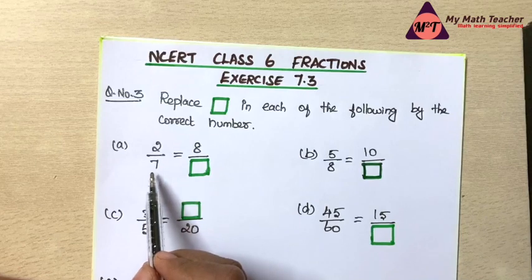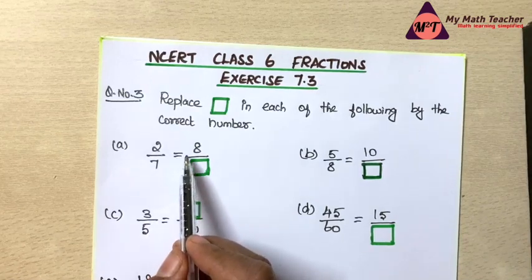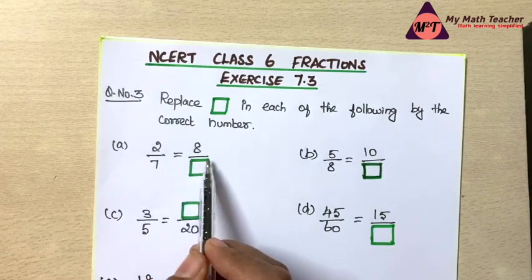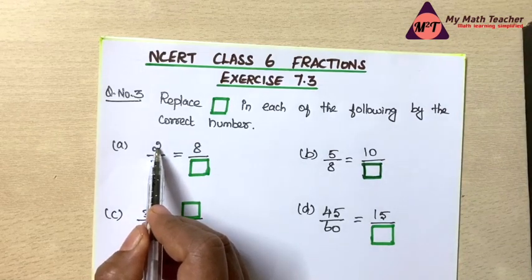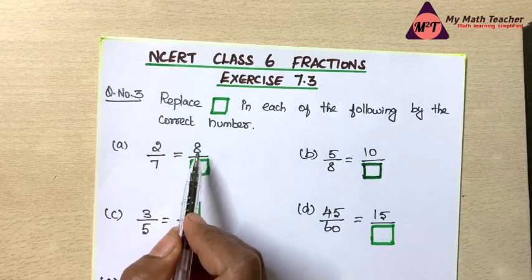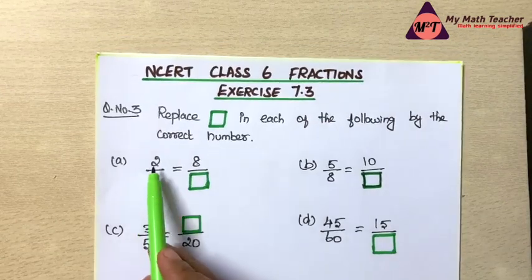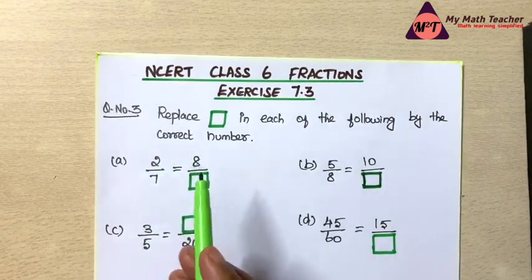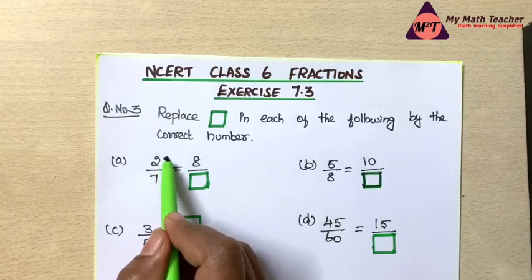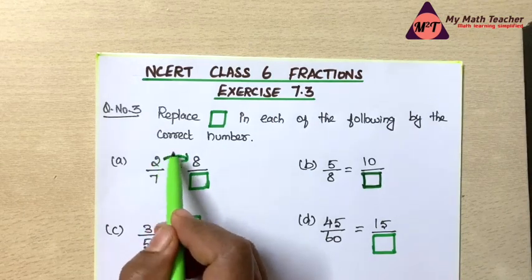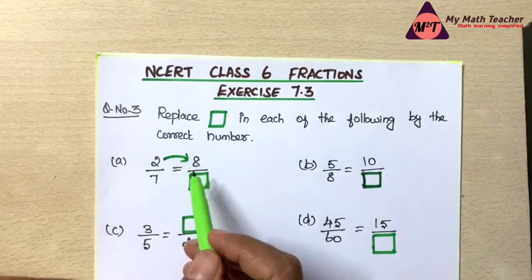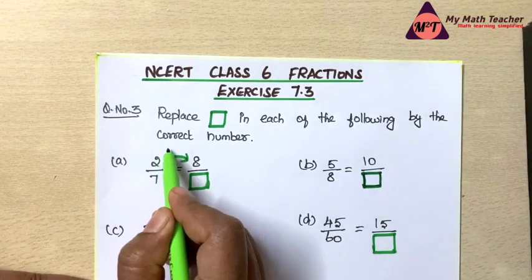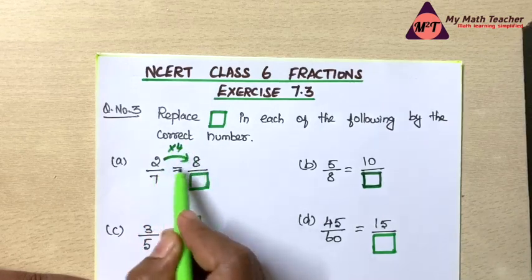2 divided by 7, which is equal to 8 divided by what will be the missing number. Now here you can see 2, the equivalent numerator is 8. Now you have to think of how many 2's will give us 8. From 2 to 8, I multiply, because this is a smaller number and this is a greater number, just multiply 2 into 4 gives us 8.